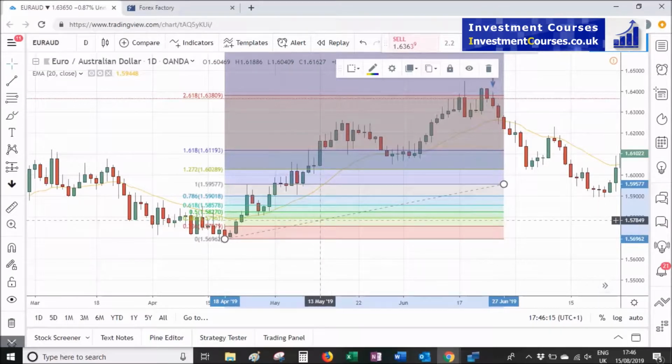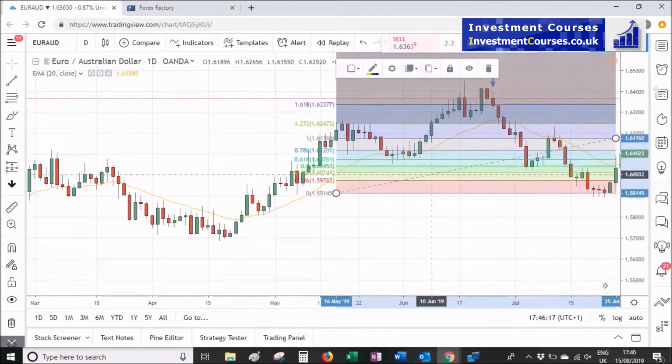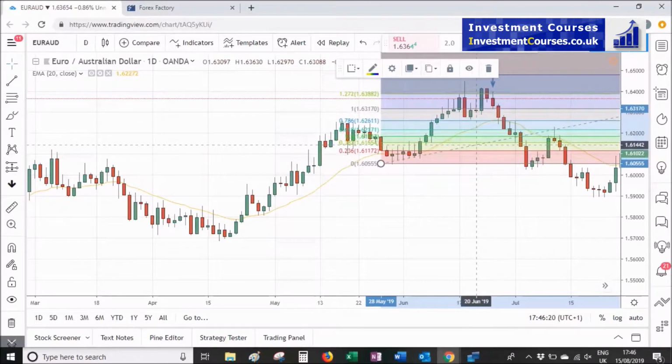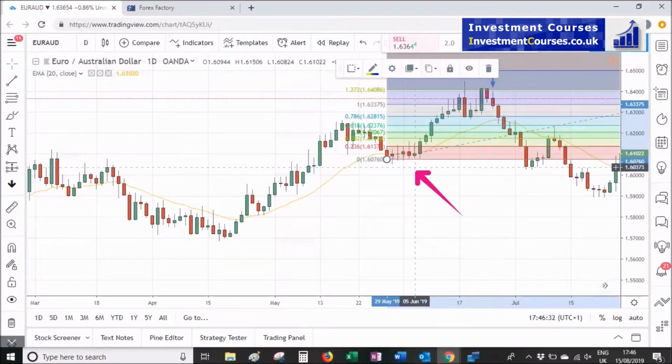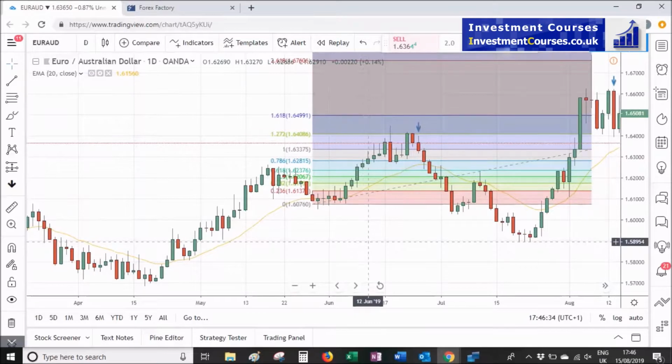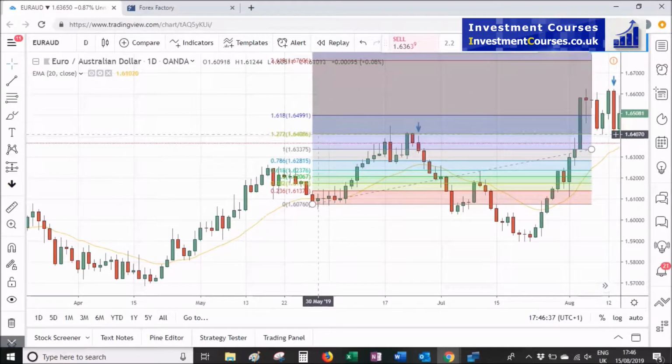So I will drag this Fibonacci and put it on the beginning of wave 5, which is here on this shadow, or maybe a little bit higher, on the shadow of all of these candles, which are almost in the same range. You can see that 127% is here, and the market reached this level. So again, another signal that wave 5 is finished here, and we are looking for a correction, which happened after that. So we had a couple of signals here for going short.